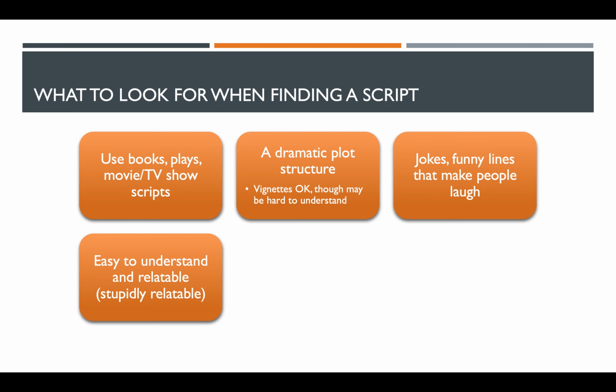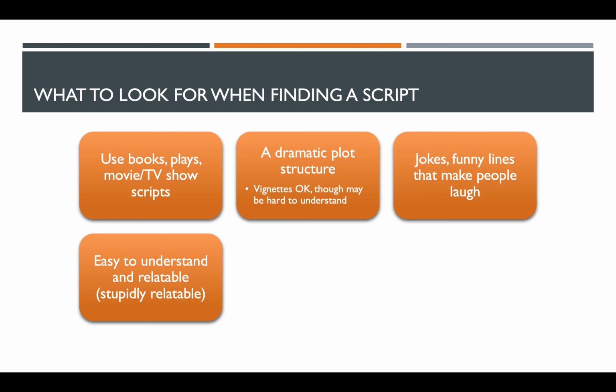Another super important thing when finding a script is making sure that script is easy to understand and relatable. Sherwin and I like to use stupidly relatable as a term. What this, again, essentially means is that you want to be looking for a very easy to understand plot, right? You don't want to have a dramatic plot structure with lots of holes, lots of loops, lots of different and complex ways that characters are moving around.